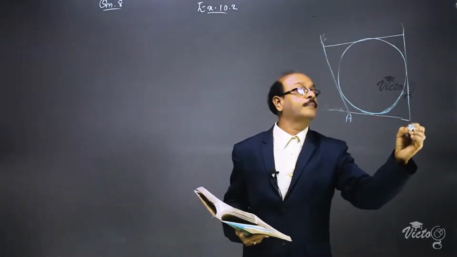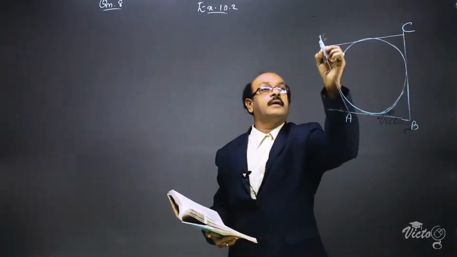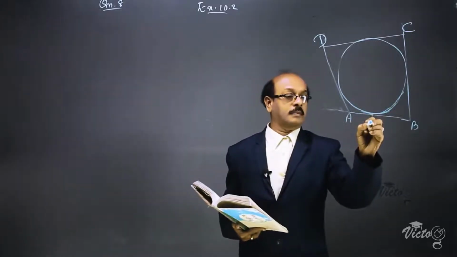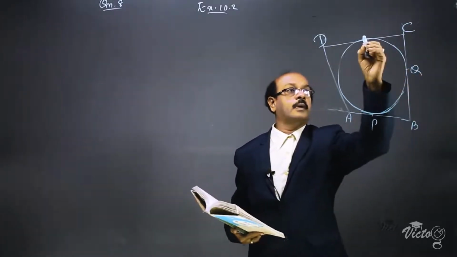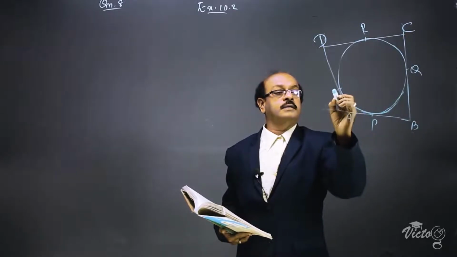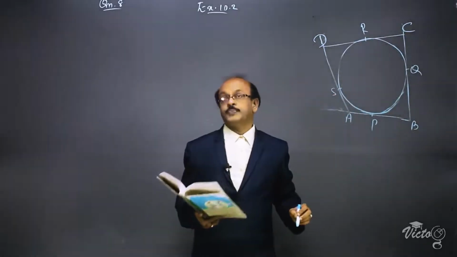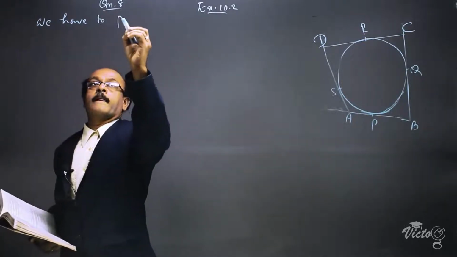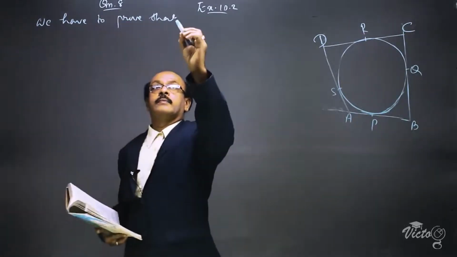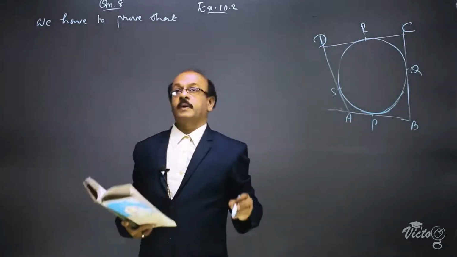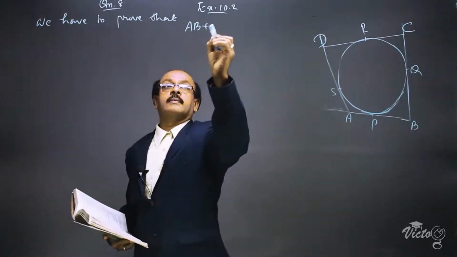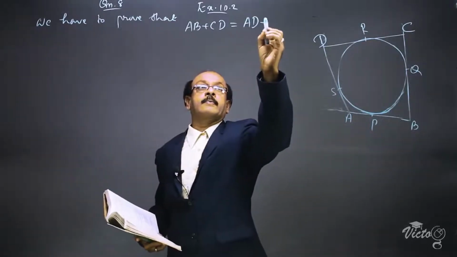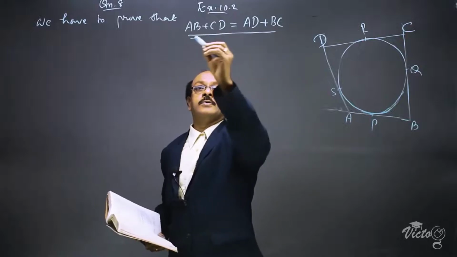Here it is A, B, C and D. The points of contact are P, Q, R and S. We have to prove that AB plus CD is equal to AD plus BC. This is to be proved.